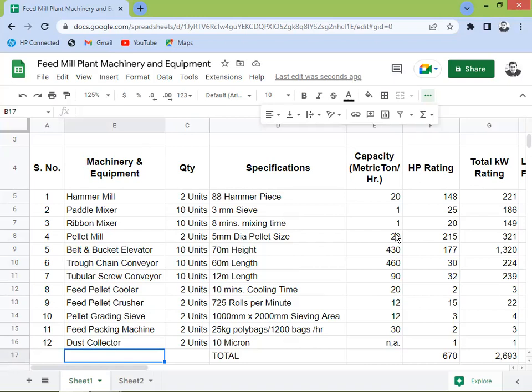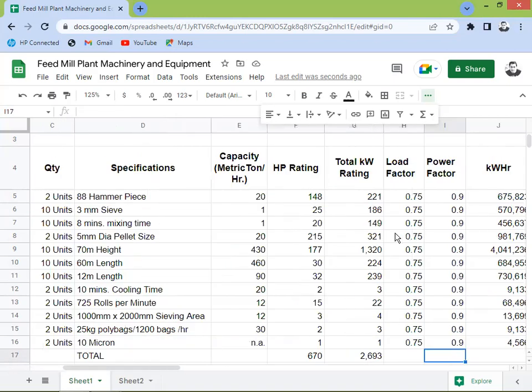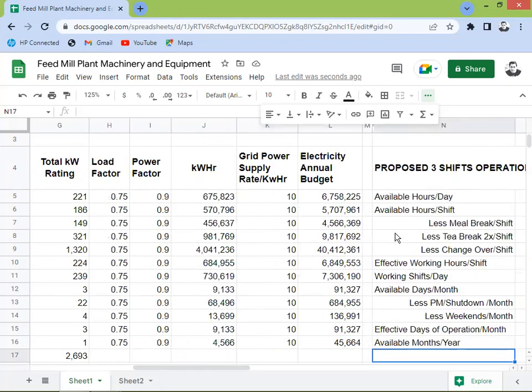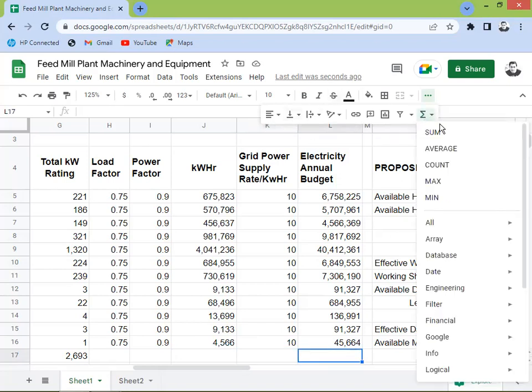You include everything here. I'm just giving you the template on how you're going to calculate the kilowatt hour and the budget that you're going to plan for your annual budget, that you're going to include electricity for your annual budget plan. All right, then let's just get the sum for this. Sum.